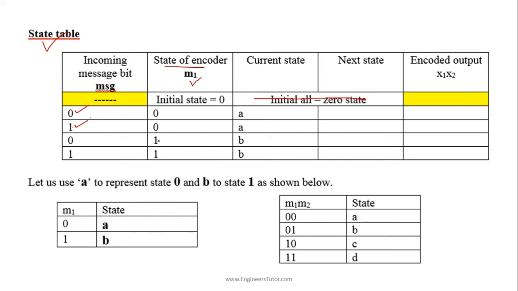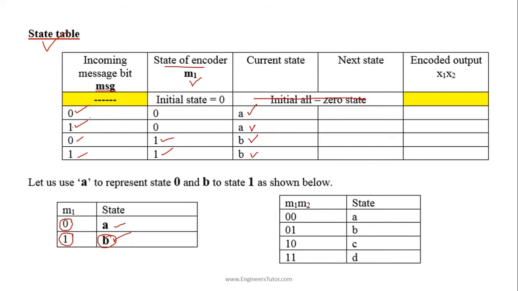Again, for initial state 1, we consider incoming bits 0 and 1. State 0 is represented with letter A, and state 1 is represented with letter B.